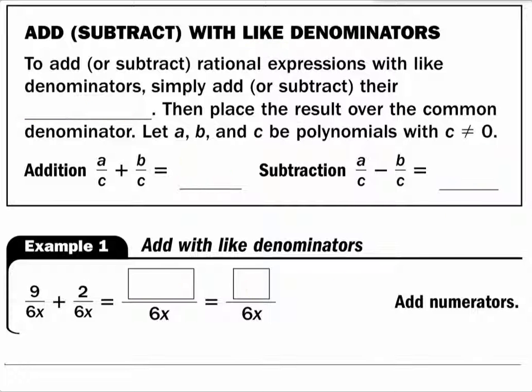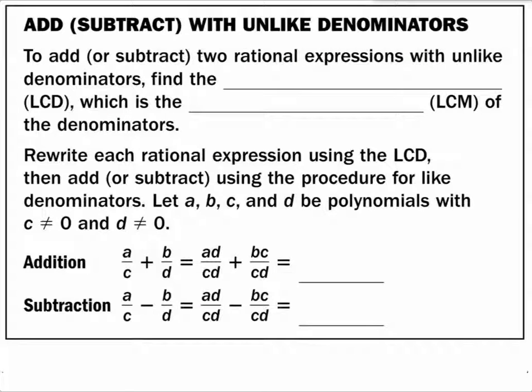So let's move on to adding or subtracting with unlike denominators. Now here we're talking about situations where the denominators are not the same. We need to find the least common denominator. This is the same as back in middle school when you were doing it with just numbers.